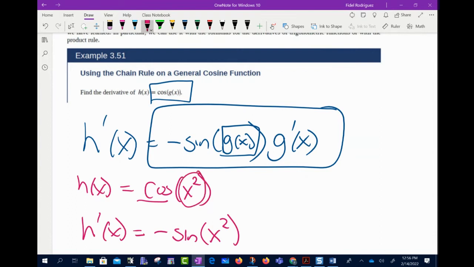What's the derivative of x squared? 2x. Now I want to show you something. If you look at this piece here and this piece here, and you look at this piece here and that piece there, that's exactly what it's saying, right? Take the derivative of the cosine, which is a minus sine, leave whatever you have inside there alone, and then take the derivative of whatever we're defining as our angle. In this case, we said our angle was x squared, so the derivative of that was 2x. Okay.